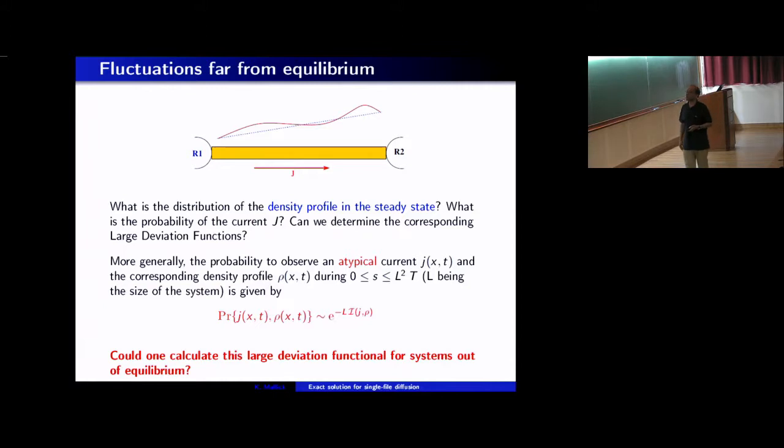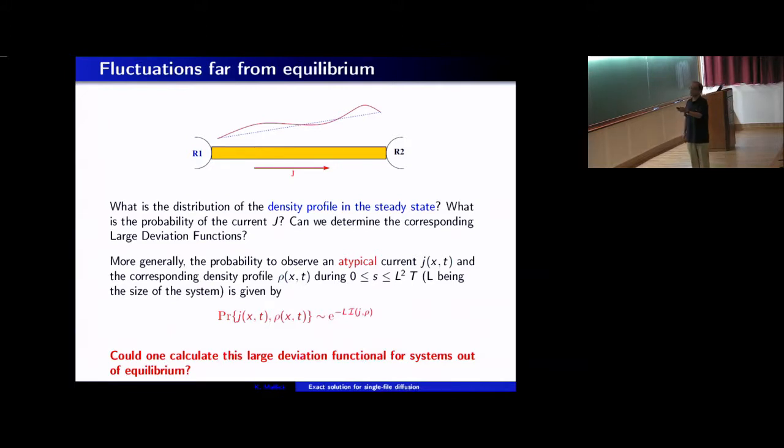This would be a non-equilibrium information. More generally, if we were able to compute the probability of seeing during a certain amount of time a certain current profile and a certain density profile in my system, it would be a great, great information on the non-equilibrium behavior of such a system.